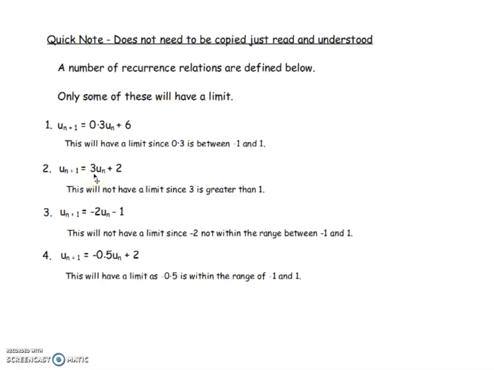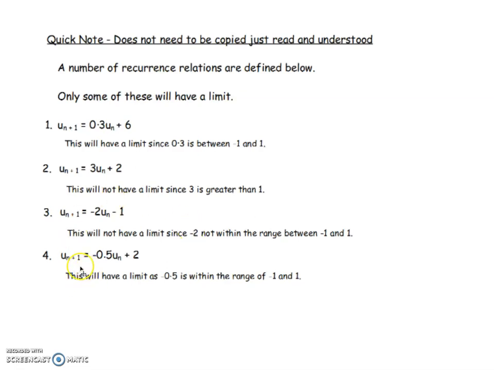Okay, you're really looking for 0 point something in reality. If you look at the next one, -2, again, that's not within the range. So it can't be a recurrence relation with a limit. So in example 3 here with -2 u(n) subtract 1, that is not going to have a limit since -2 is less than -1 and it's not within the range.